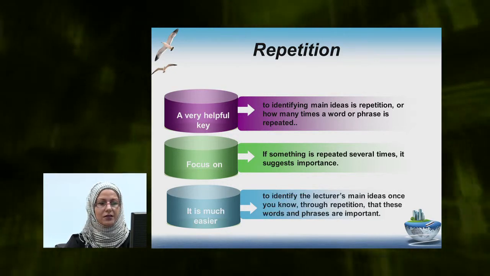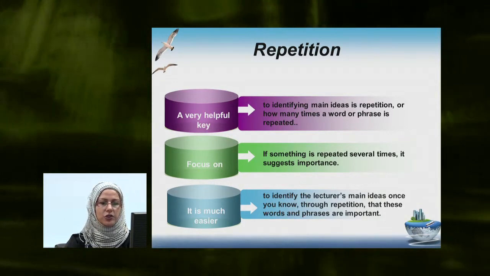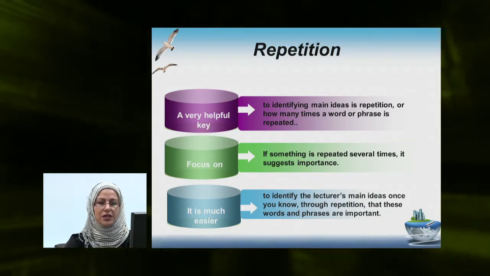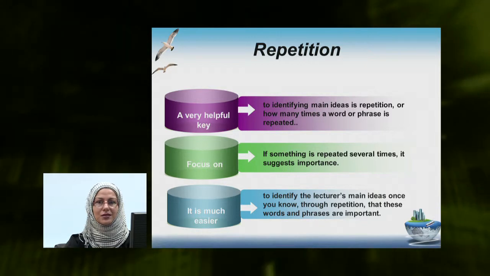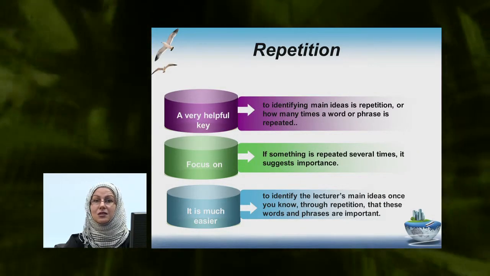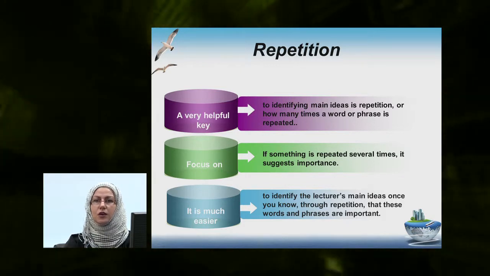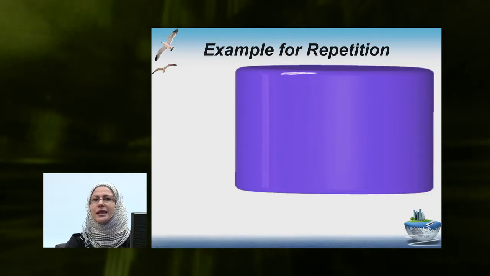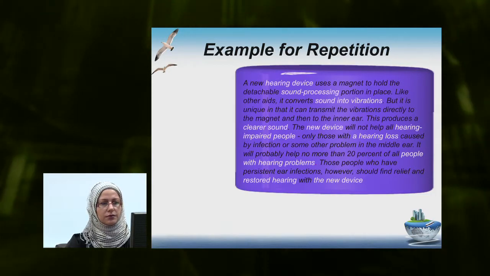It's much easier to identify the lecturer's main ideas once you know through repetition that these words or phrases are important. The speaker keeps on repeating something. This announces the importance of what's coming. Here is an example for repetition.